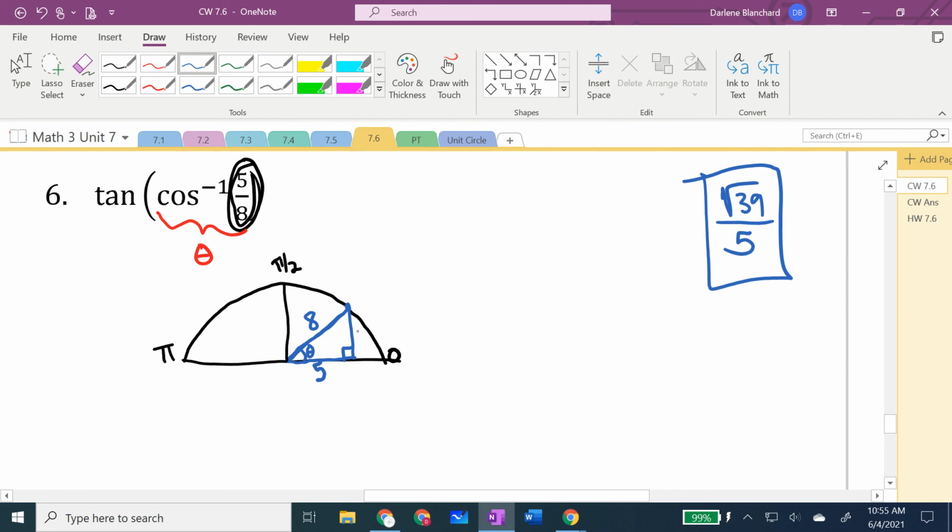Using the Pythagorean Theorem, I can get that this side is the square root of 39. And then all I need is the tangent. And the tangent is opposite over adjacent. Done. That's all you have to do.